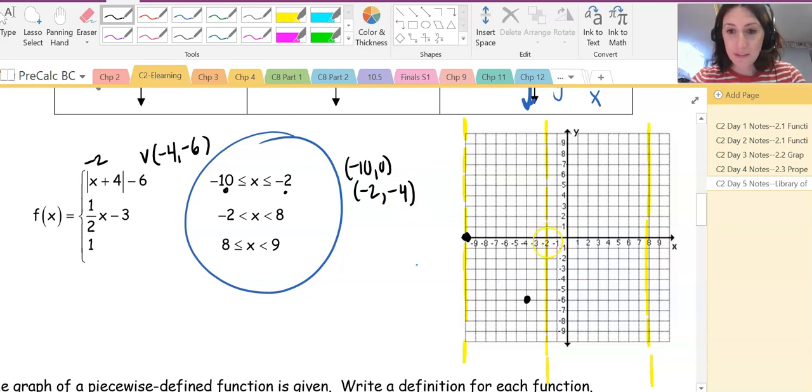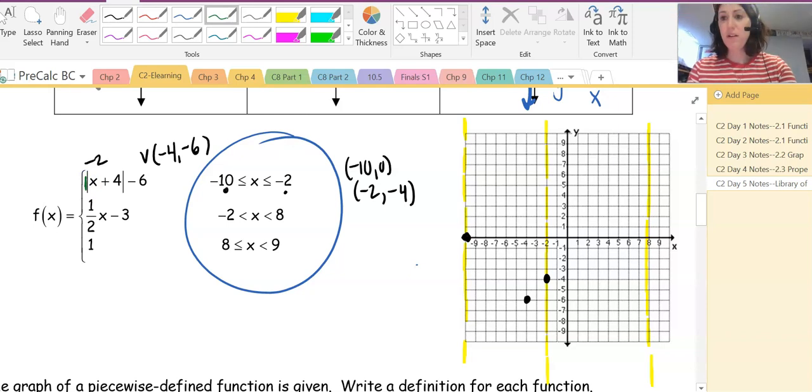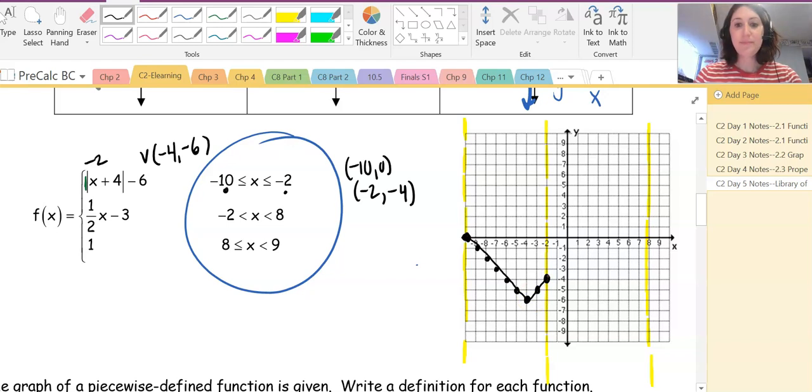So -2, -4, and that's also going to be a closed dot because of the equal to. You also have a 1 out front, so that 1 is representing your slope, but it's a +1 going in the one direction and a -1 going in the other. So you can fill in those extra dots and then we'll just connect, hopefully a little straighter than what I just did. Okay, so that's your first one.